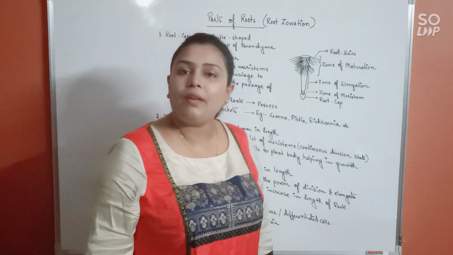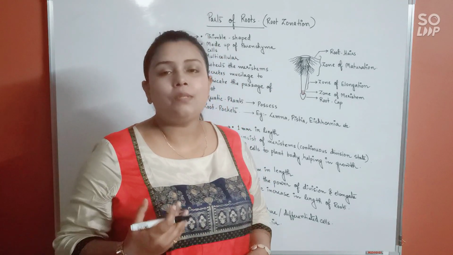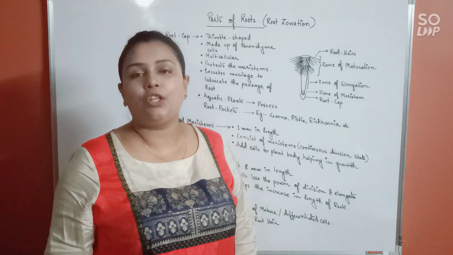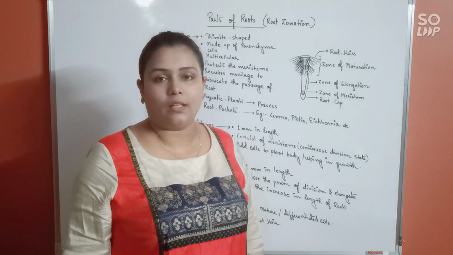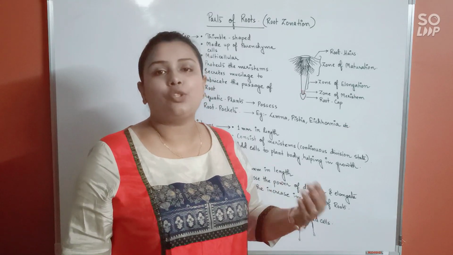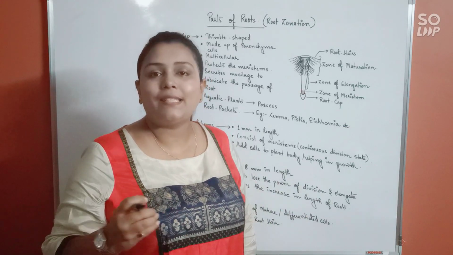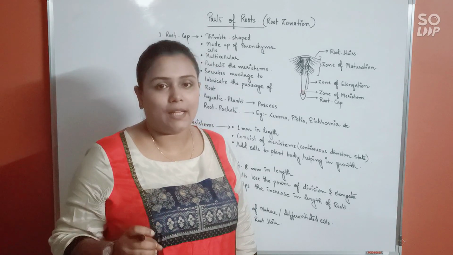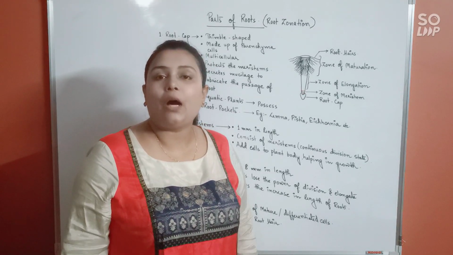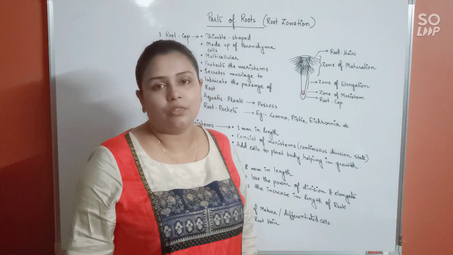Now what are meristems? Meristems are a mass of undifferentiated cells which are in a continuous division state. They continuously divide and add cells to the plant body, and this continuous addition of cells allows the plant indefinite growth.